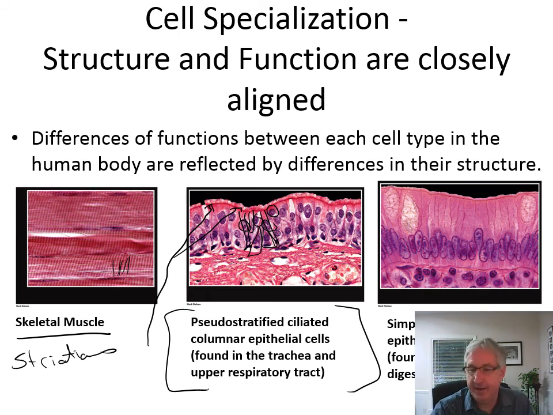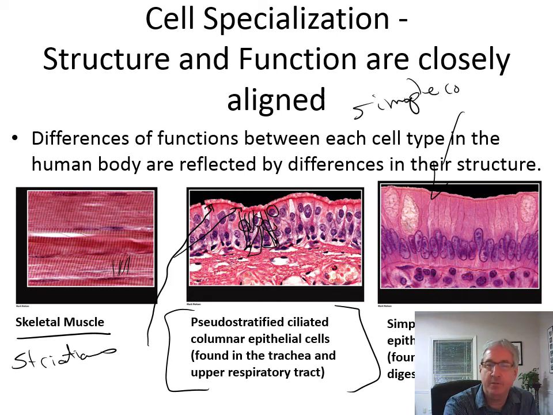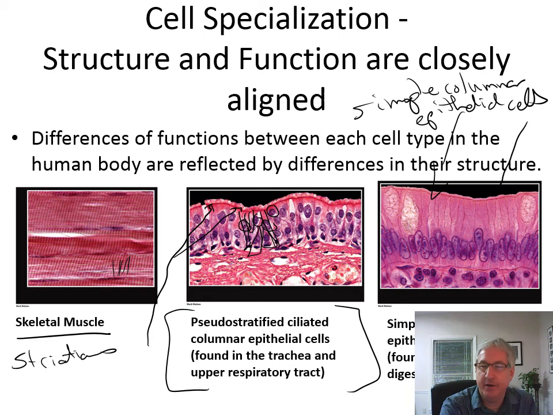And then we have, let me move out of the way. This is called simple columnar epithelial cells over here. These line the digestive tract, and this part up here, right there, looks like a little pink layer along the top.